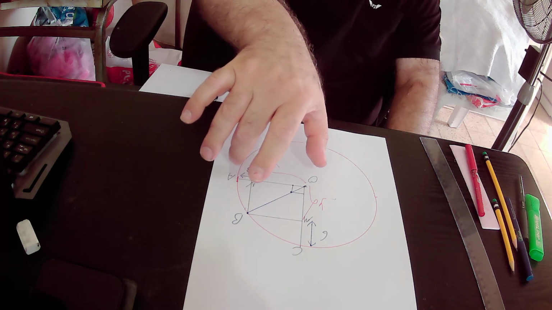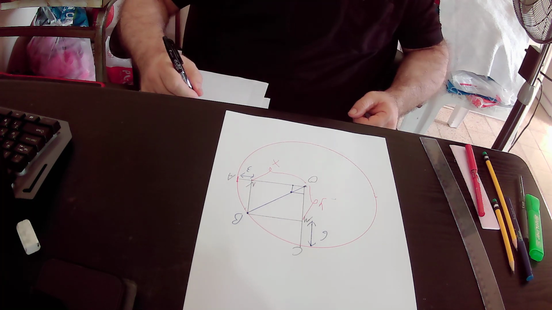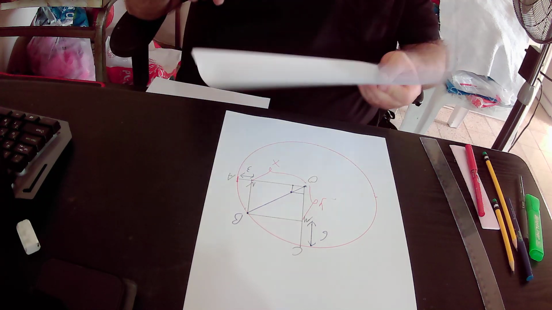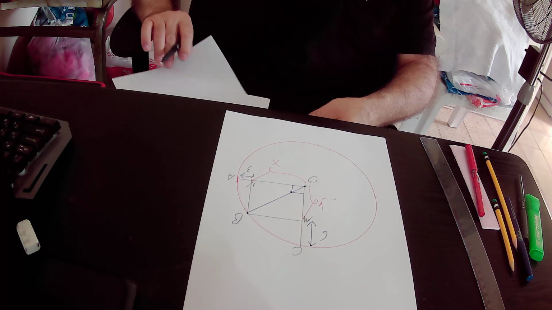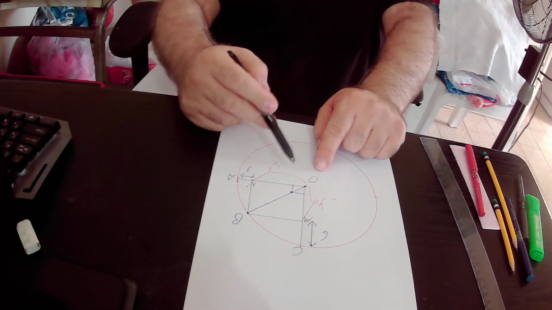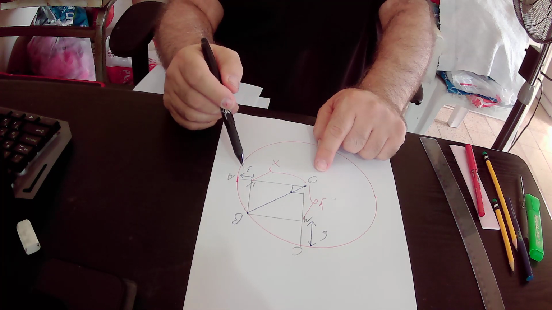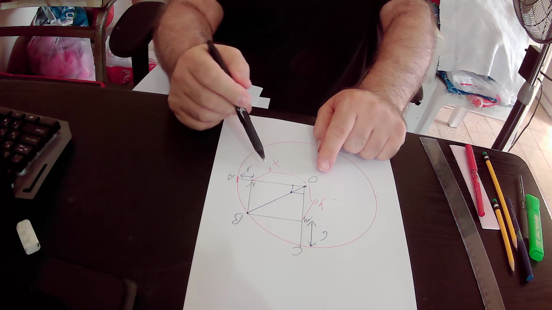And also line segment AO or OA is also the radius of this circle. OA equals the radius of this circle because line segment OA starts from point O, that is the center of the circle, and ends at point A, that is a point of the circle itself.